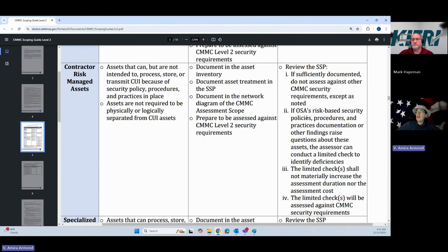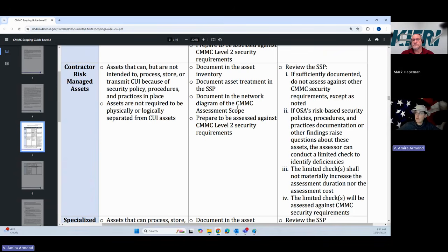Okay, so what does the assessor need to do? The assessor is supposed to review the system security plan and see whether the CRMAs on the network are secure according to that self-attested documentation, the SSP, right?